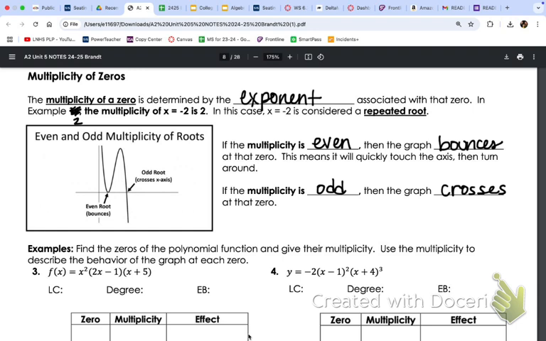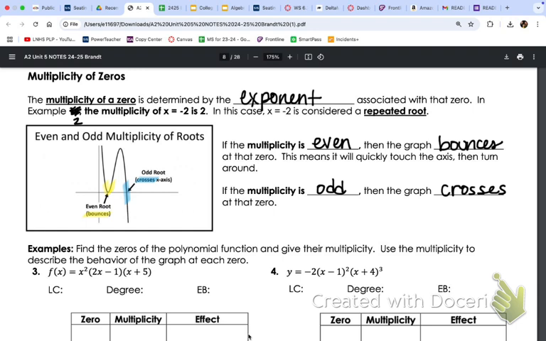So if you look at this little picture over here, here's what it means by bouncing. It goes down, up. And then over here, this one crosses, meaning it literally crosses through. So even roots, if there's an even exponent on your factor, it's going to bounce. If it's odd, it's going to cross right through the x-axis.